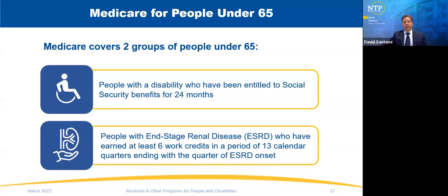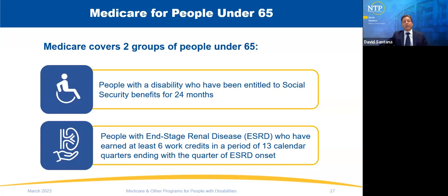they become disabled. Now, the effective date for Medicare based on end-stage renal disease varies depending on whether the individual is receiving a regular course of dialysis or is going to receive a kidney transplant.